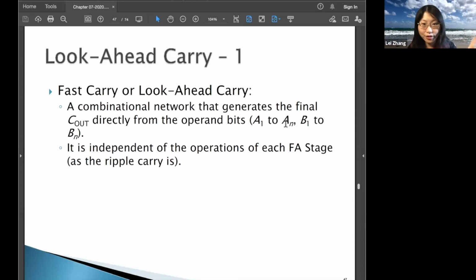Whether you want the speed, that means less propagation delay. The smaller the propagation delay, the faster the circuit. Or you can use more logic to work out the output. That means you will need more FPGA resource, more logic gates, to work out the output.